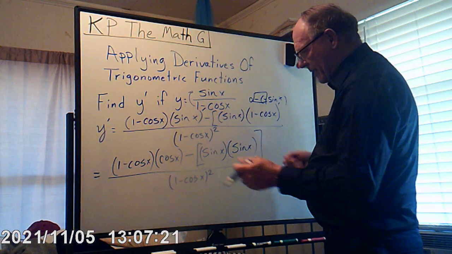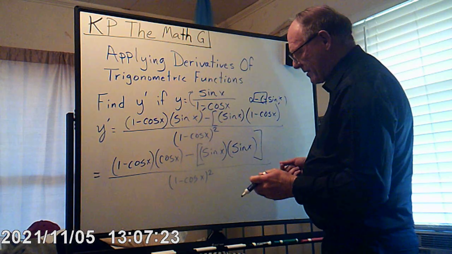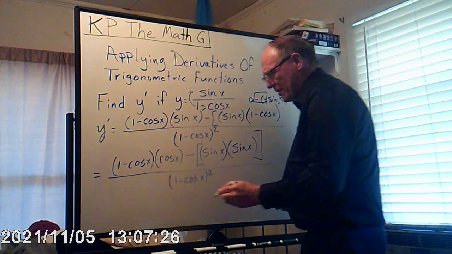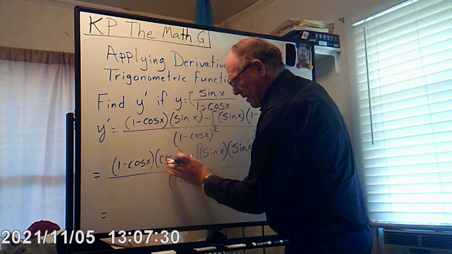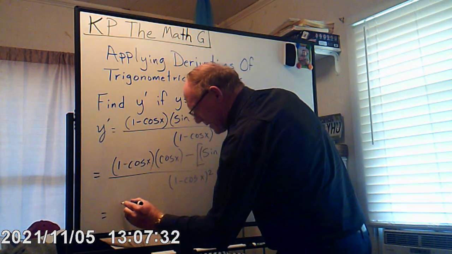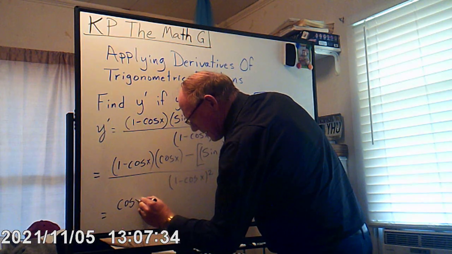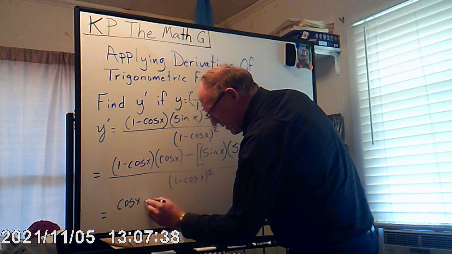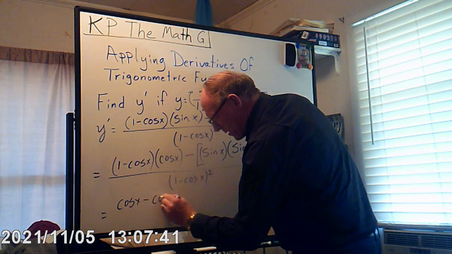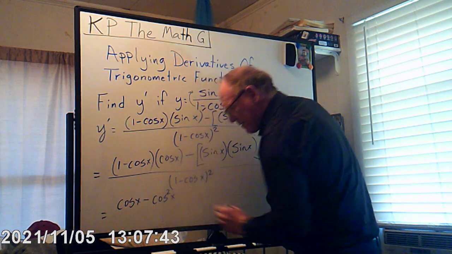Now let's do a little bit of arithmetic, and we'll see that we can do a little something with this. So 1 times cosine x is cosine x. Cosine times cosine is cosine squared, so minus cosine squared.